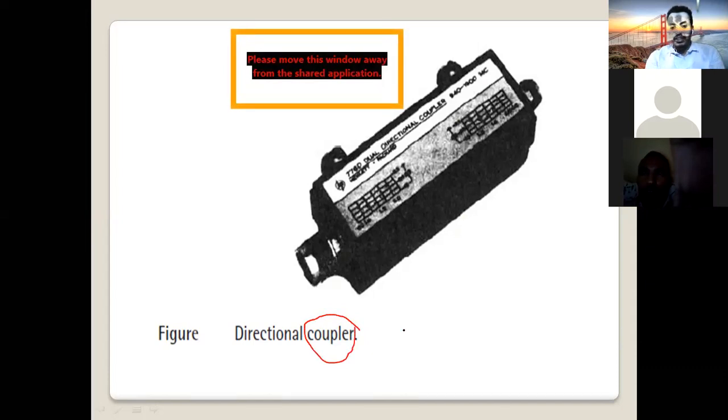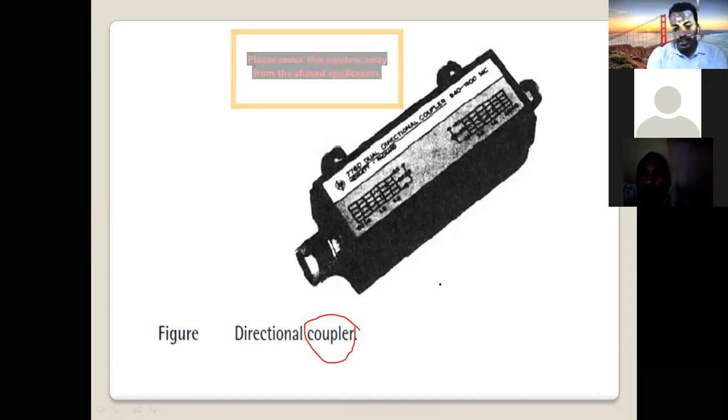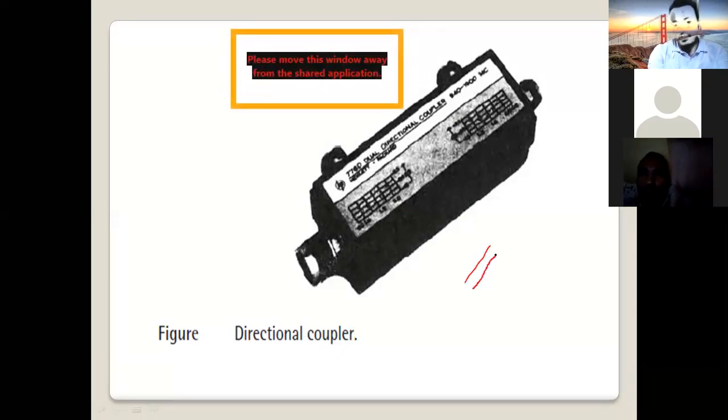When you open a directional coupler, inside there is nothing, only two transmission lines, very small cables going straight, parallel. One cable like this, another transmission line like this in parallel. They are very close to each other.